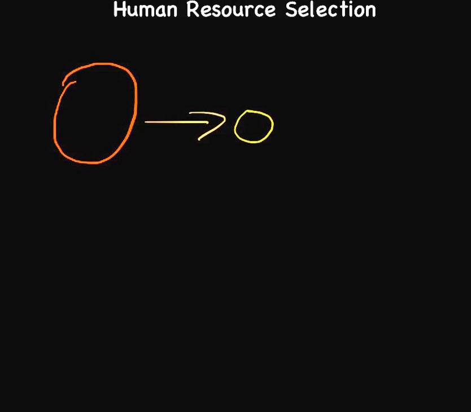A little more refined. Ultimately, what we do with the selection process is we enact hurdles. With every stage of the selection process, we're trying to reduce the number of people in the applicant pool. Every time we continue along that path, we're getting smaller and smaller until at the very end we have a few people, and then we make a decision on who is going to be the best candidate.